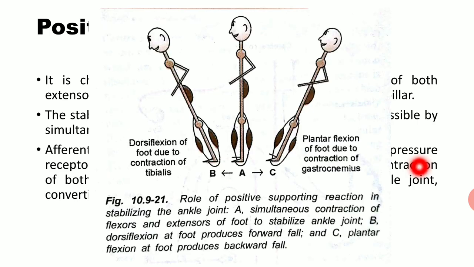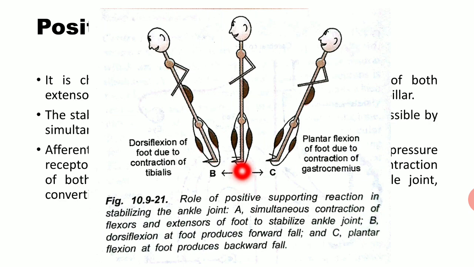In this figure, in B, there is dorsiflexion at the foot which produces a forward fall, and in C, there is plantar flexion of the foot due to contraction of the gastrocnemius muscle and there is a backward fall. In figure A, there is a positive supporting reaction.